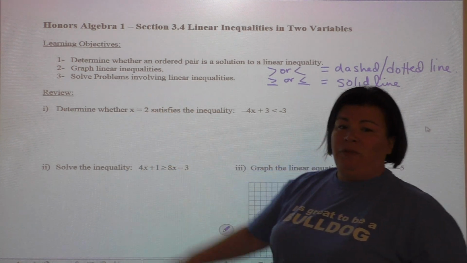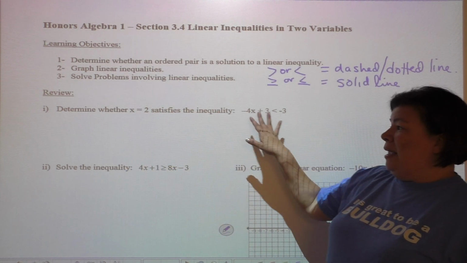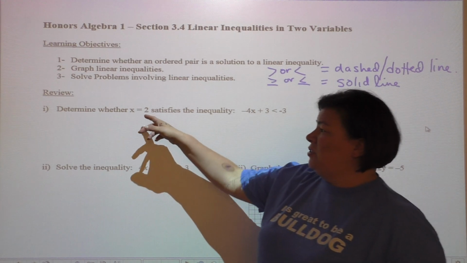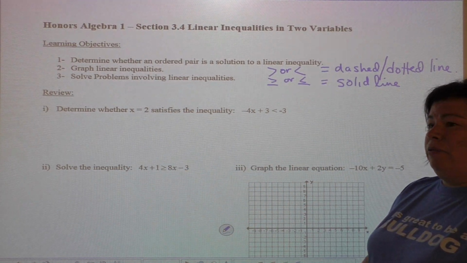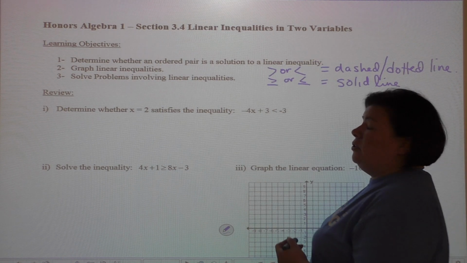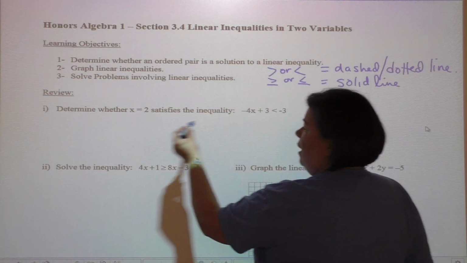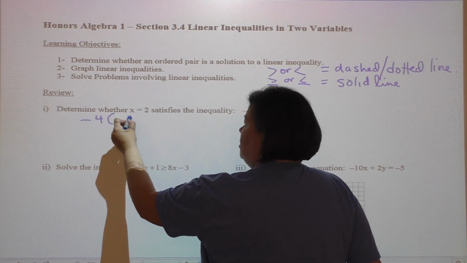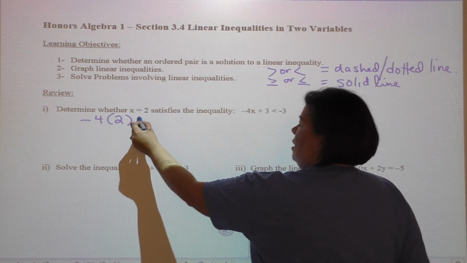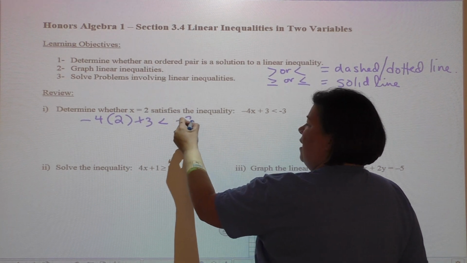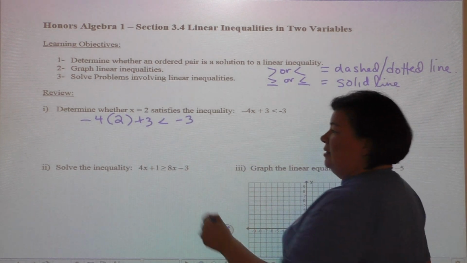So right now this is review, so go ahead, hit pause, and see if you can determine whether x equals 2 satisfies this inequality, and then come back and hit play and we'll go over it. All right, so hopefully you worked on this. You are just purely substituting into wherever there's an x, and then to see if it satisfies this inequality, you're just going to simplify.